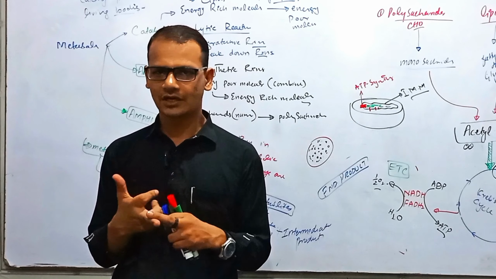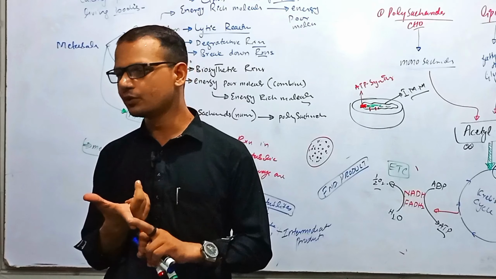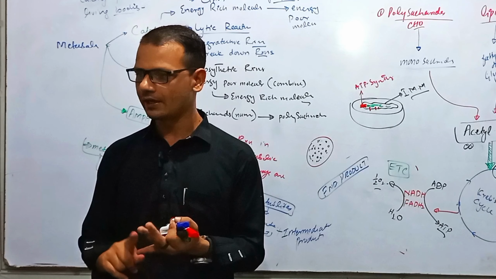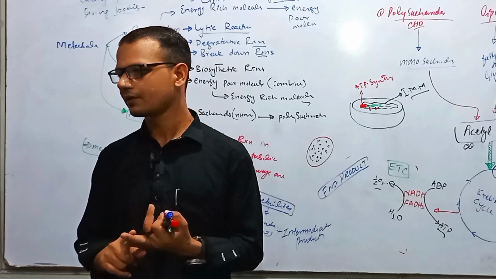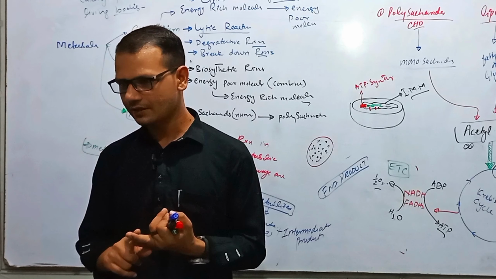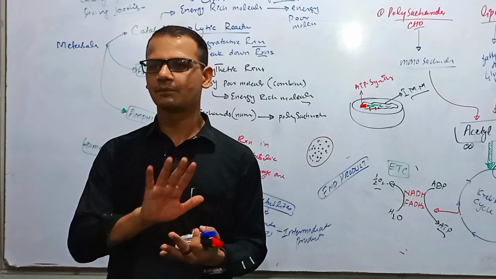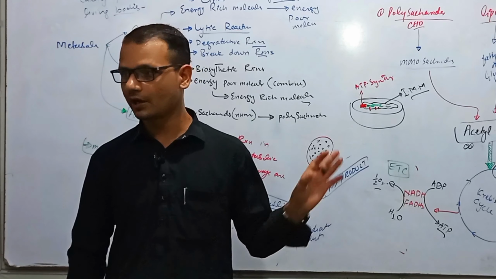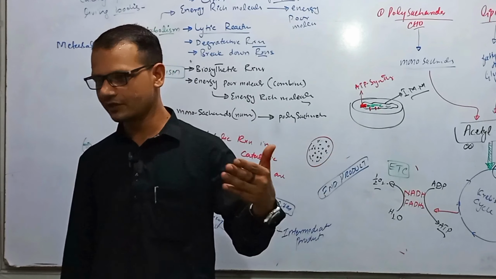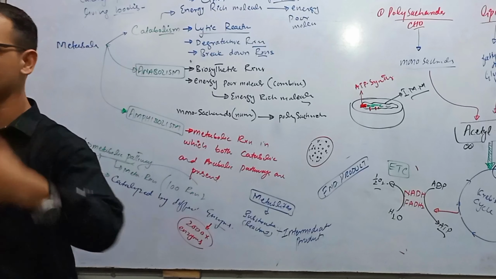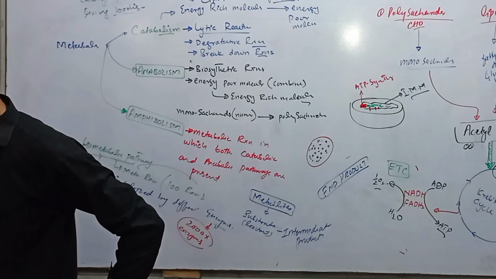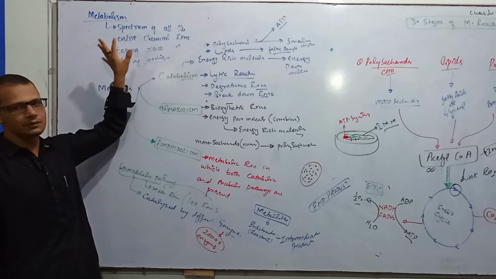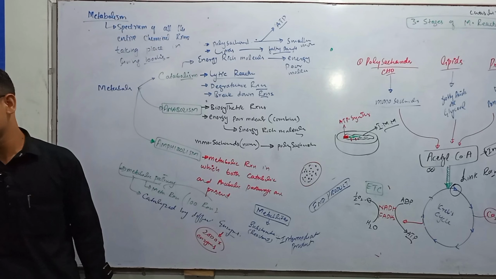Third, we will discuss electron transport chain, then gluconeogenesis, then glyconeogenesis, then glycogenolysis, and then uronic pathways, right? And pentose phosphate pathway. These are the metabolic reactions of carbohydrates only. And when we discuss all these pathways, then we jump to lipid metabolism, right? So now we will start the metabolism of carbohydrates.